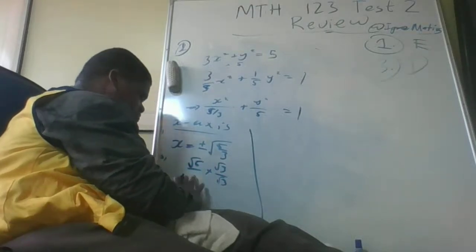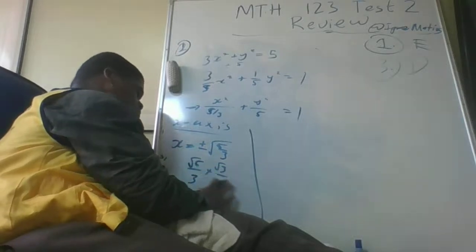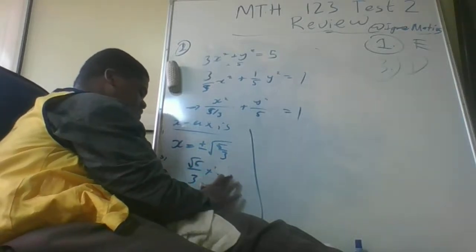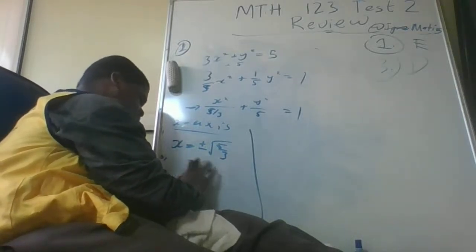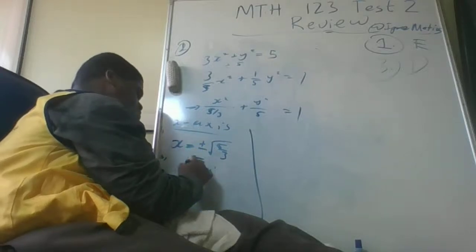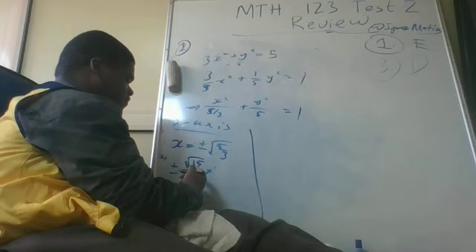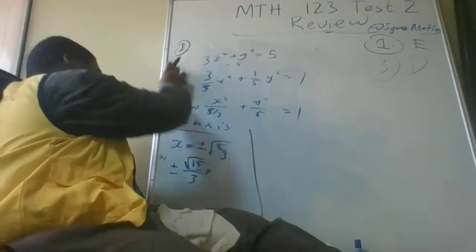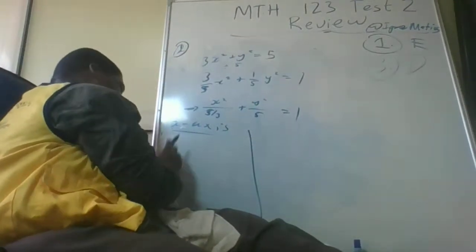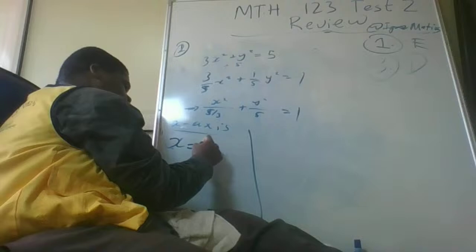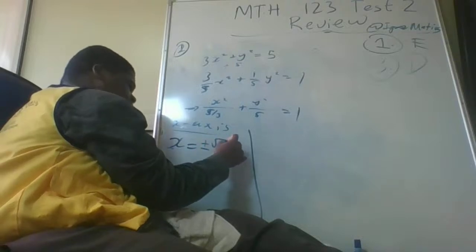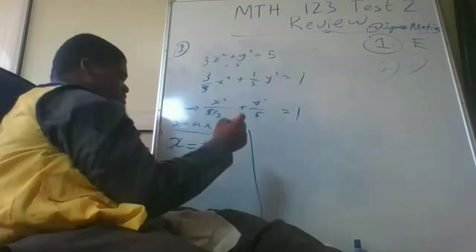Root 3 times root 3 is just 3. Root 5 times root 3 is root 15. So you have x equal to plus or minus the square root of 15 all divided by 3.